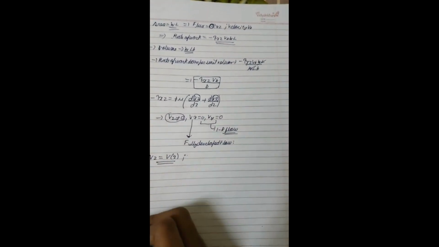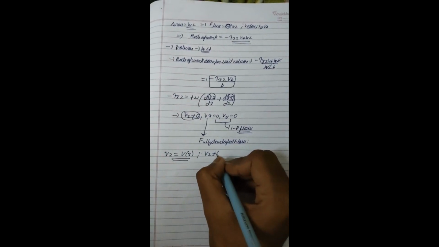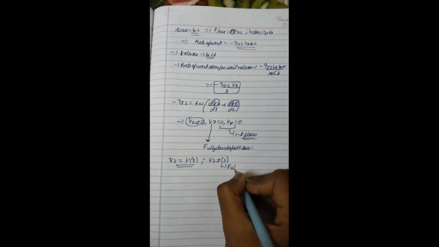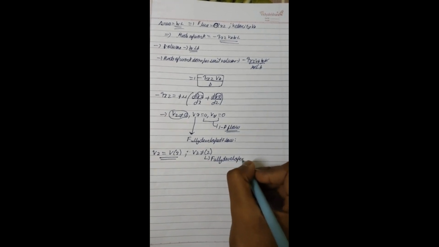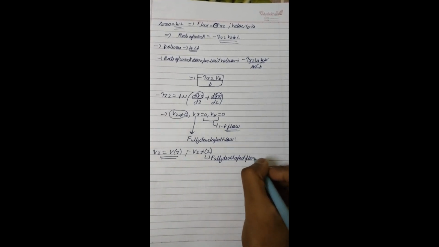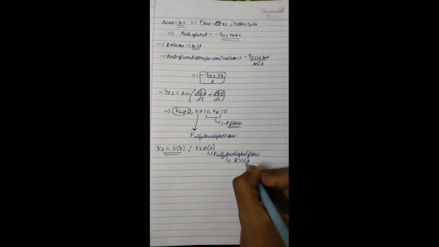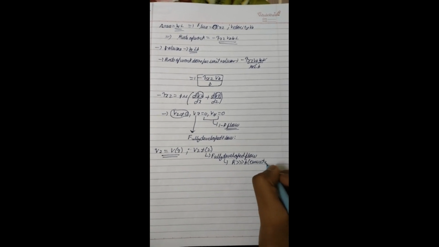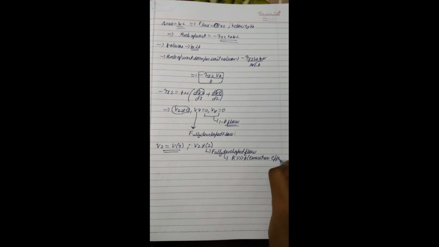So Vz is a function of X only. Now Vz is not a function of Z direction. Why? Because it is a fully developed flow, or you can say that R is very much greater than B, so curvature effects are neglected.